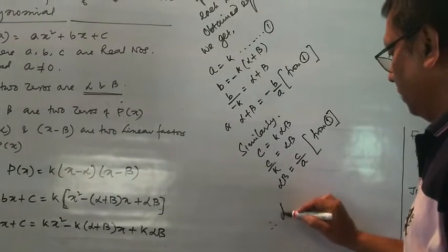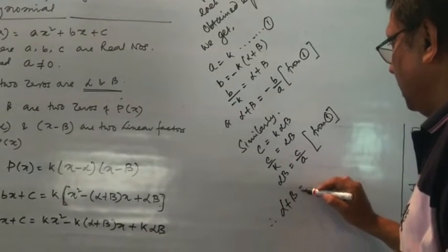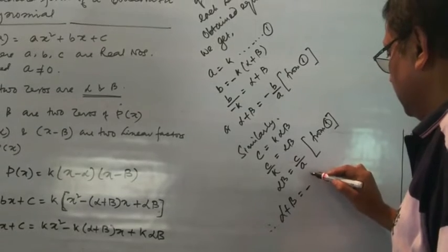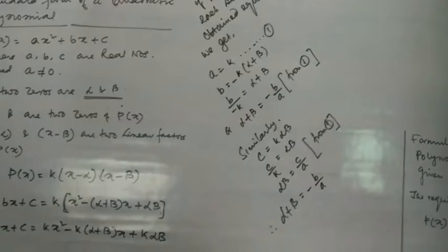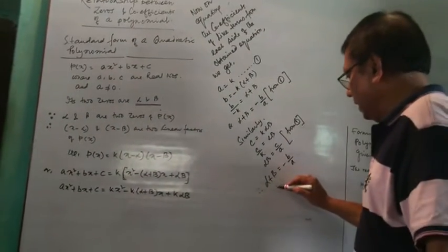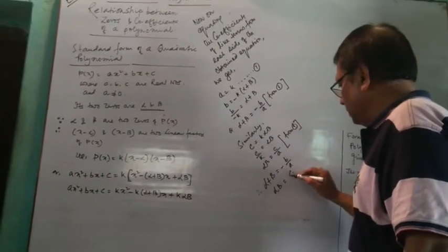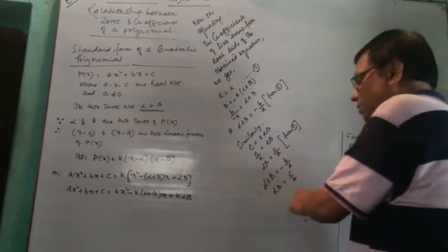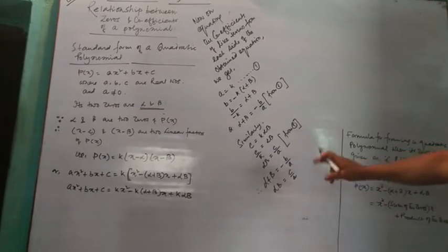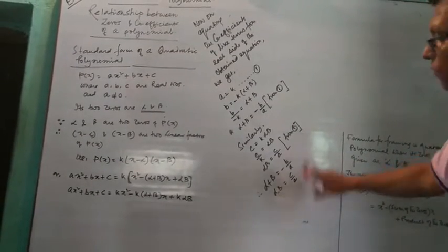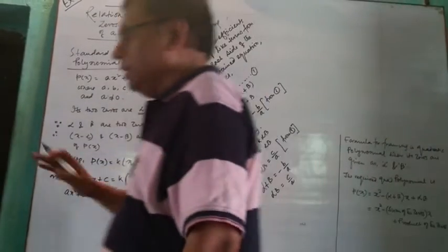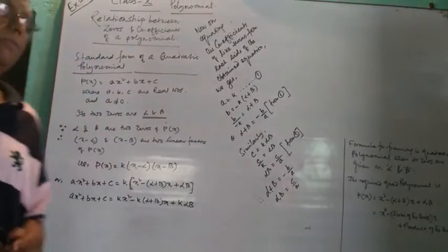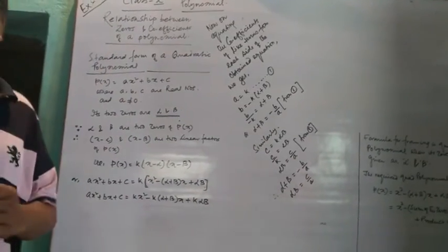Therefore, our relation: alpha plus beta, the sum of the zeros, is equal to minus b by a, that is minus coefficient of x by coefficient of x square, and alpha beta is equal to c by a, the product of the zeros equals constant term by coefficient of x square. This is how we derive the relation between the zeros and the coefficients.